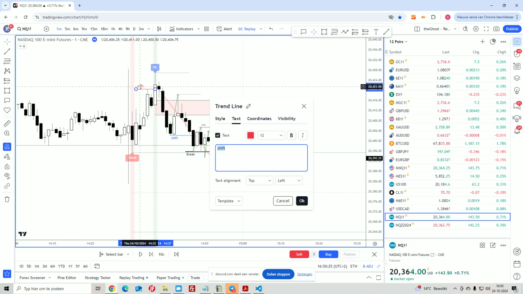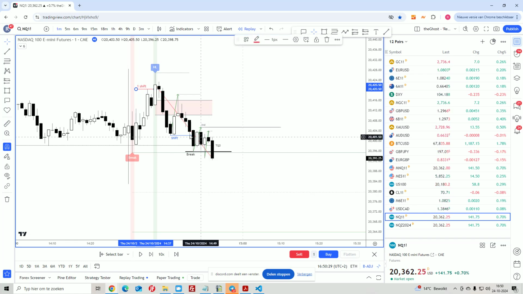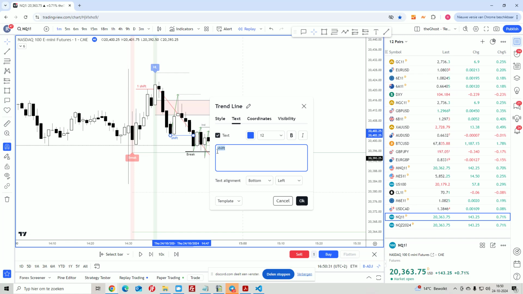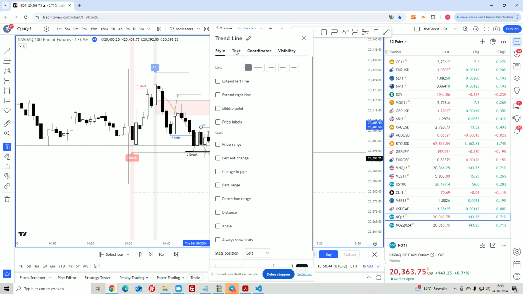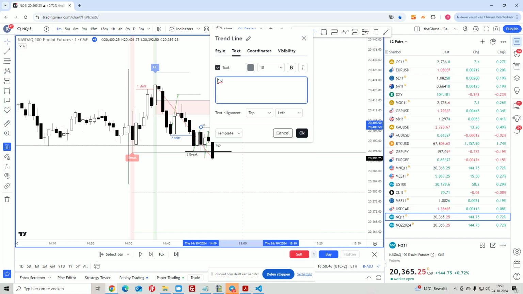So this is step number 1. This is step number 2. Once we break, this is step number 3. Step number 4 is the creation or the mark off of this inducement.